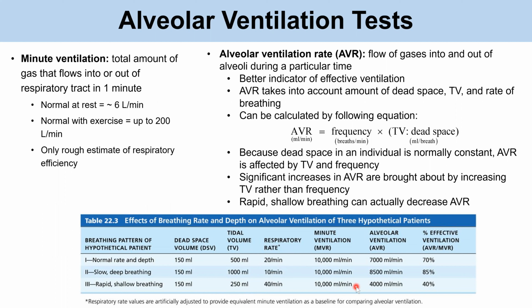And so when we do the math for calculating minute ventilation, we're still at 10,000 milliliters a minute. However, when we look at our actual AVR, the alveolar ventilation rate, we're seeing that it's only 4,000 milliliters per minute, which is an effective ventilation of only 40%.